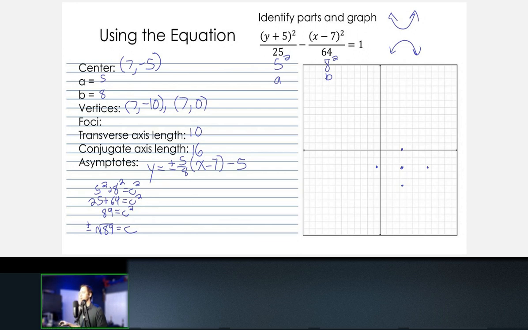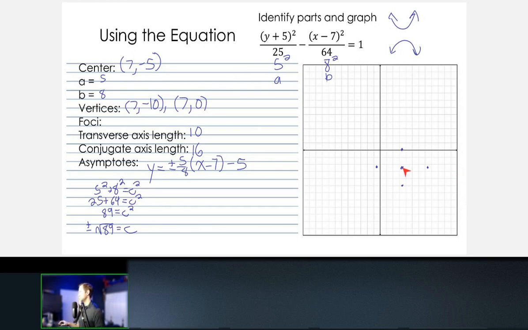All right, so to graph this point, because we're not using Desmos, we're doing it by hand in this case. How do I plot my 2 focus points? What do I do? Yeah, Enzo says we have to add and subtract C from the center up and down.